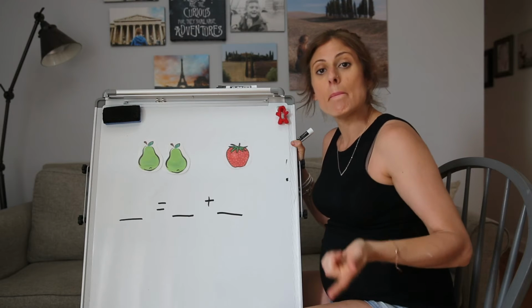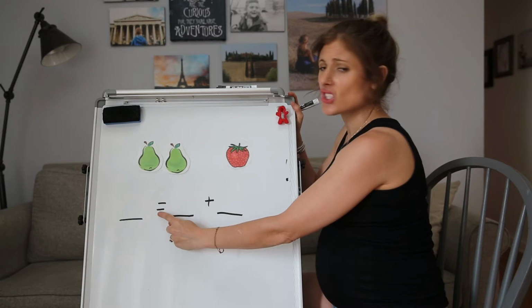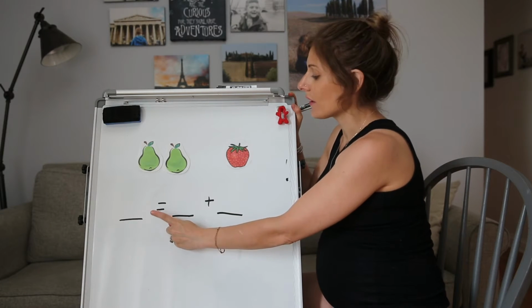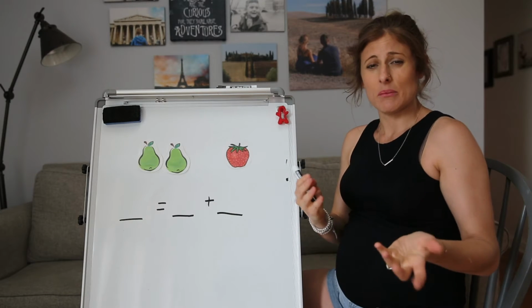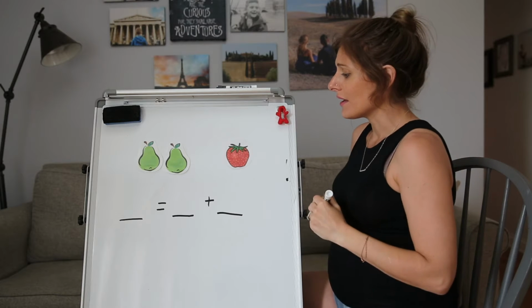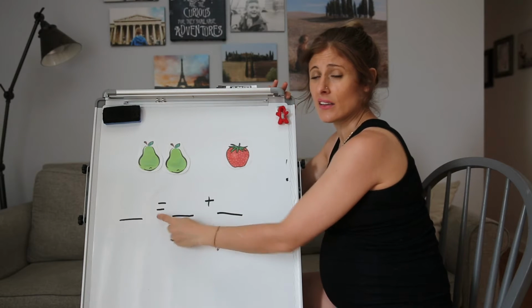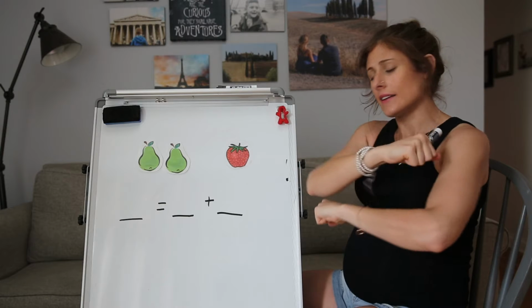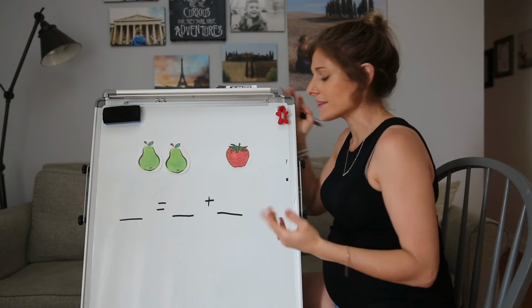These are my symbols. This is called an equal sign. An equal symbol is the same thing as saying is. So if I have an equal sign, it's like saying is equal, the same as.